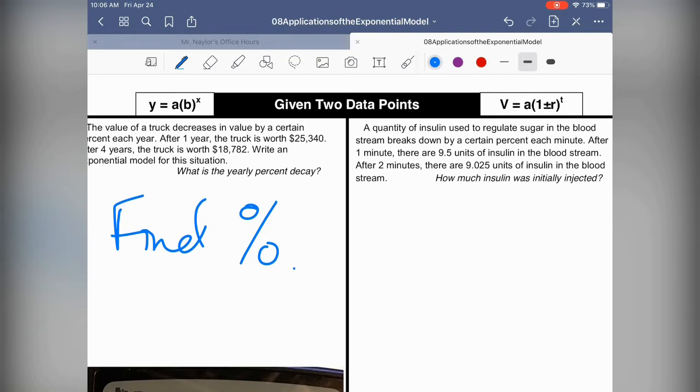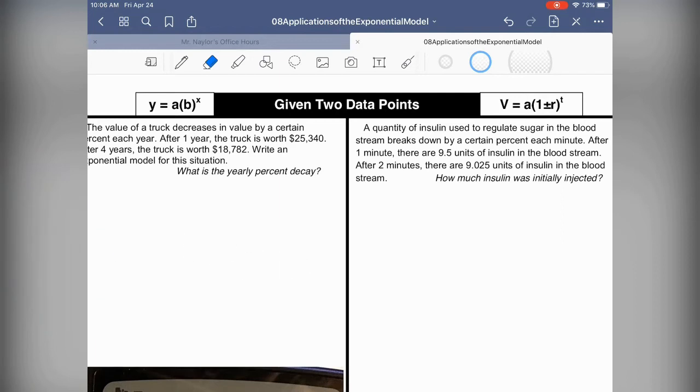Now, I warn you against trying to do this by just plugging some numbers into your calculator and hoping for the best. Instead, we're going to want to use the exponential model. Now, the exponential model has come to us in 2 forms. It's come to us in this original, simple form, a b to the x.